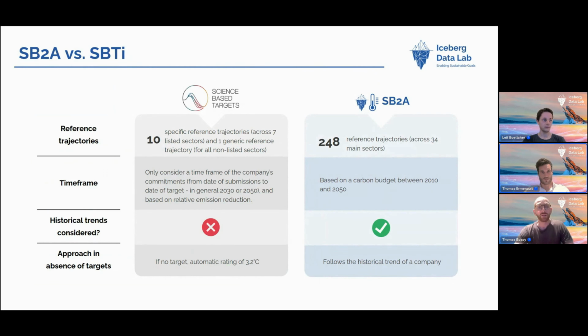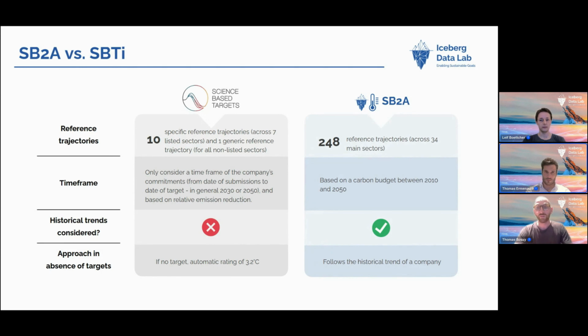Why? Because on the reference trajectories, we find that SBTi can be a bit too coarse and not granular enough. Indeed they use 10 specific reference trajectories across 7 listed sectors, but for all other sectors that are not listed, it's only one generic reference.